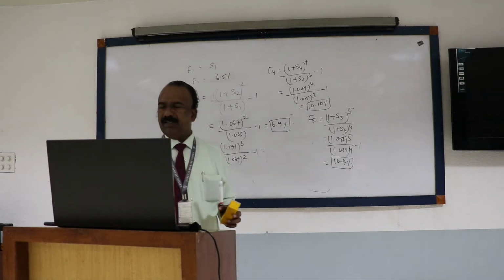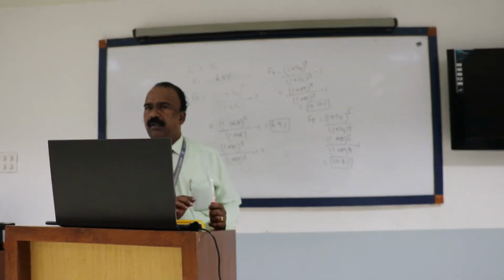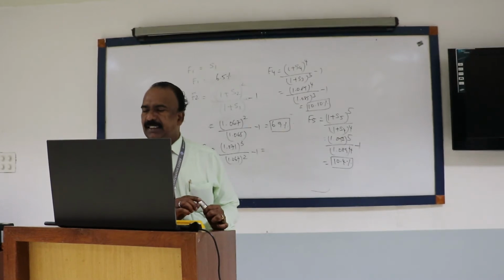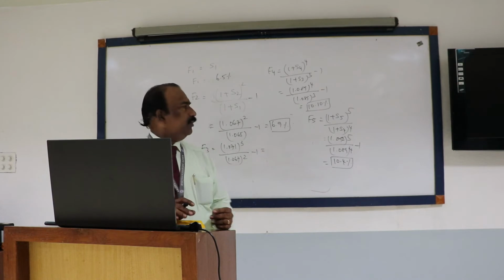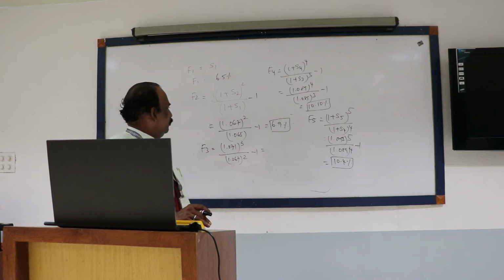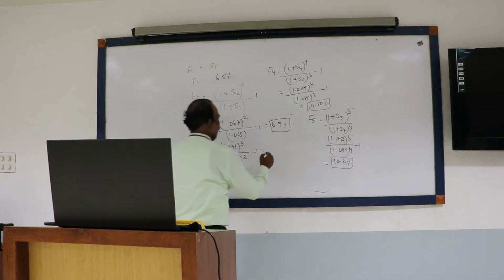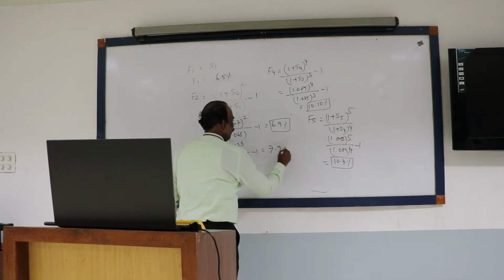You can take the figures from the previous values only. The previous numerator will be the current year denominator. That is 0.079, 7.9.